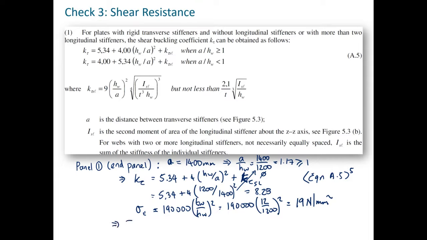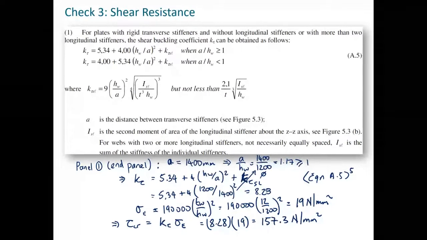So that implies that the critical shear strength is equal to k tau times sigma E, which is 8.28 times 19, which is 157.3 newtons per millimeter squared.